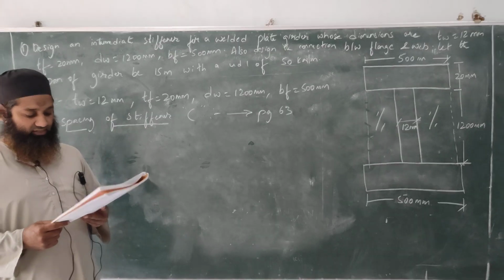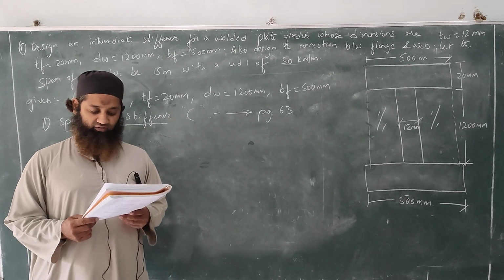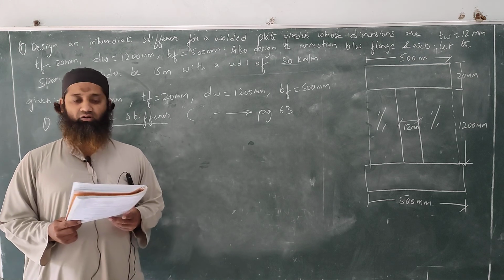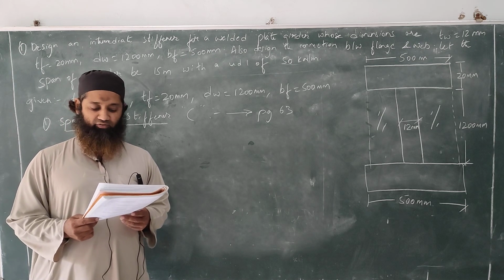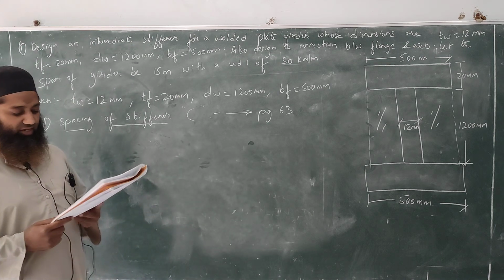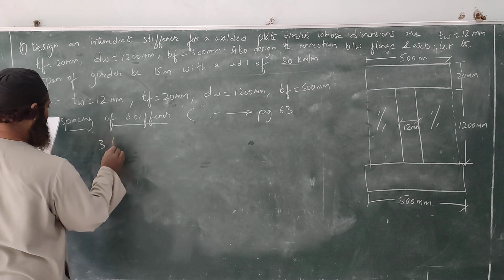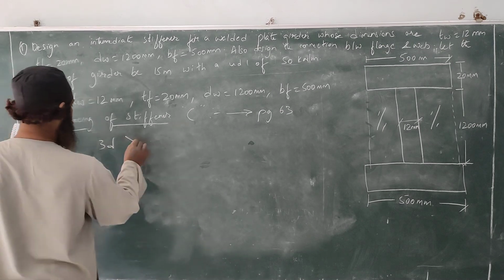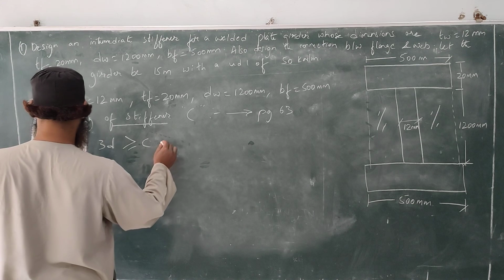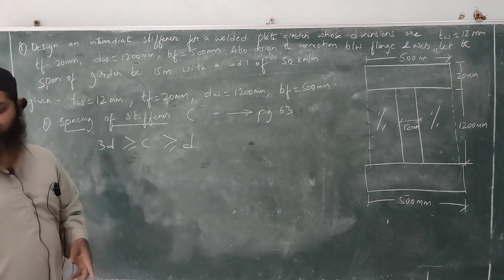On page 63, design of beams and plate girders with solid webs, in clause number 8.6.1.1, you can see when 3D is greater than or equal to C, greater than or equal to D. So this is what he has given here.